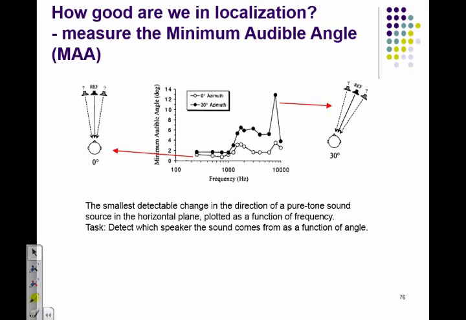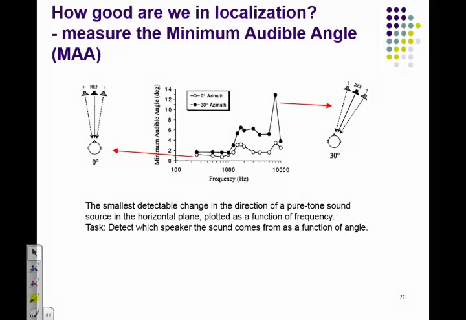That's quite surprising. I mean, 1 degree is almost nothing. It's really, really good resolution. Not as good as the barn owls again, but because our heads are relatively big, we have an advantage, because we can make better use of longer delays between the two ears.